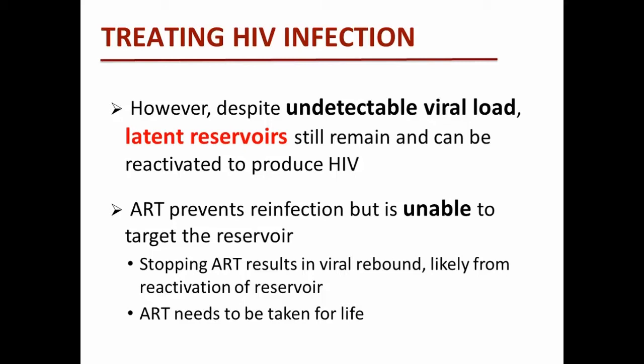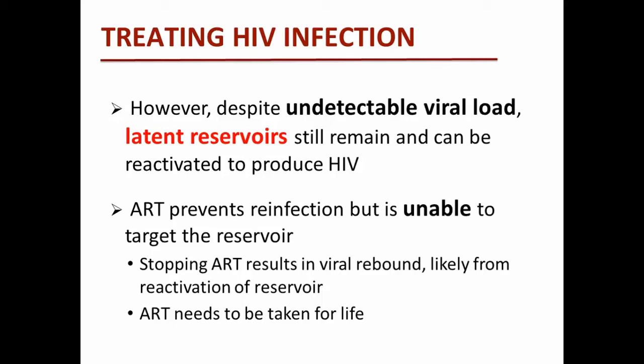And so the problem is that since the antiretroviral therapy can prevent the reinfection, it works well, but antiviral therapy is not able to target the reservoir. So it means that the reservoirs still remain intact during antiviral therapy, and the virus still remains in the body, ready to come out in the first possible moment.